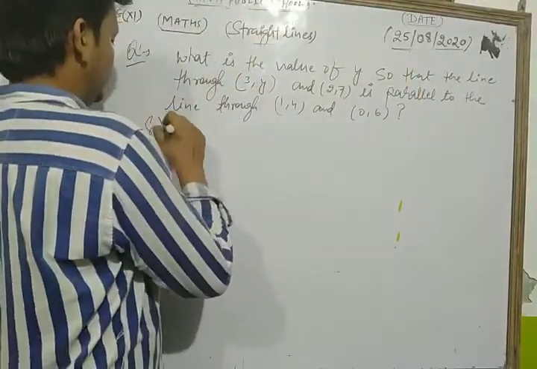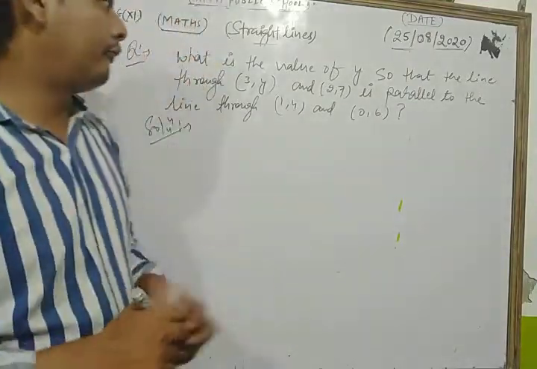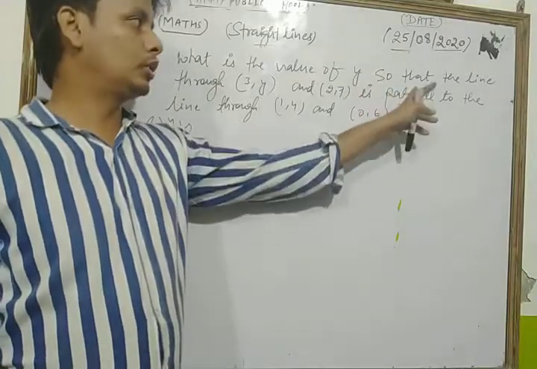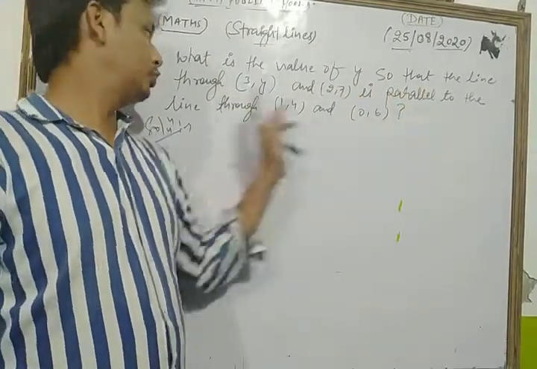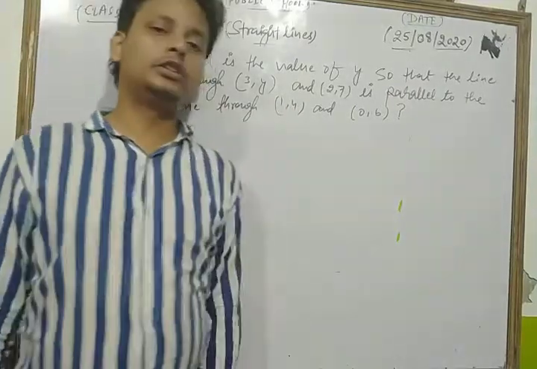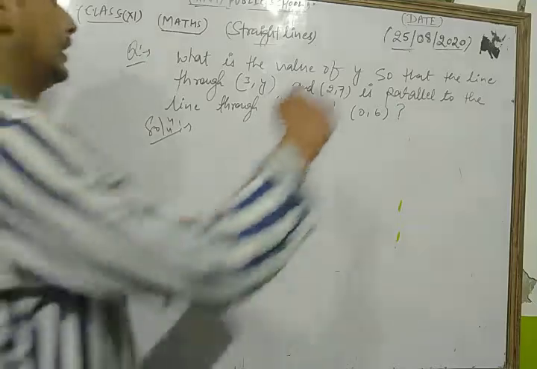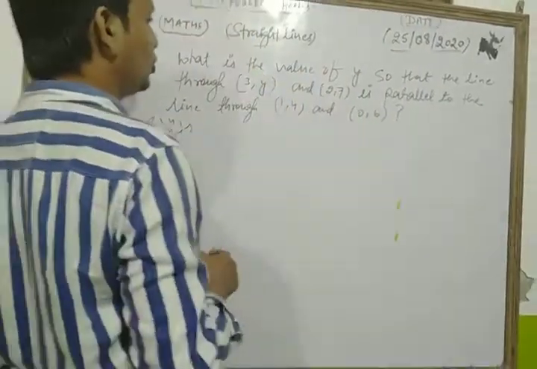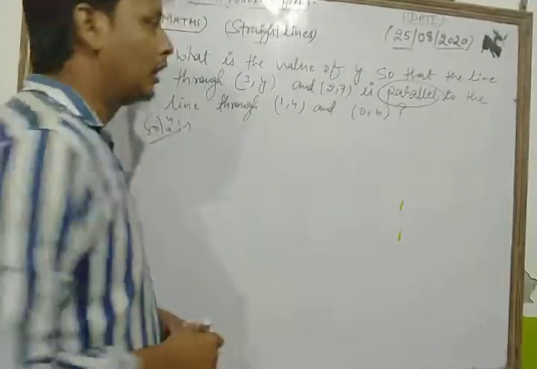Now let's solve it. Dear students, here we find the value of y so that the line through (3, y) and (2, 7) is parallel to the line through (1, 4) and (0, 6). Okay, now let's see the solution. You know that when two lines are parallel to each other, then their slopes will be the same.